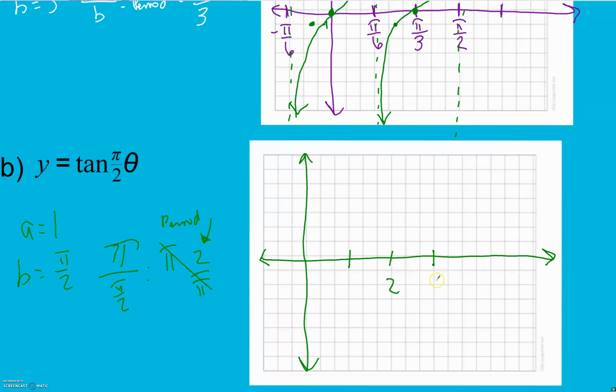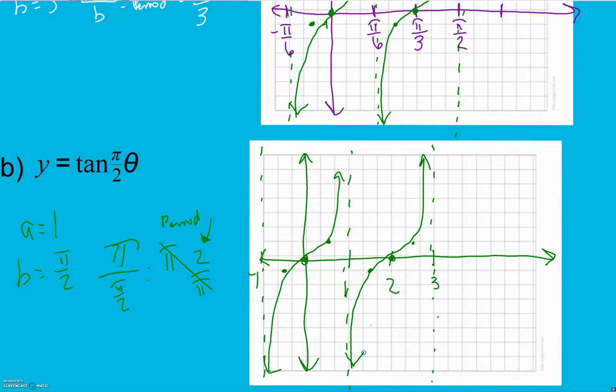Asymptotes on my endpoints and 0 in the middle. Halfway in between my 0 and my asymptotes, I have points at my amplitude, which here is just 1. Again, halfway between my asymptotes and 0, I have a point at either 1 or negative 1.